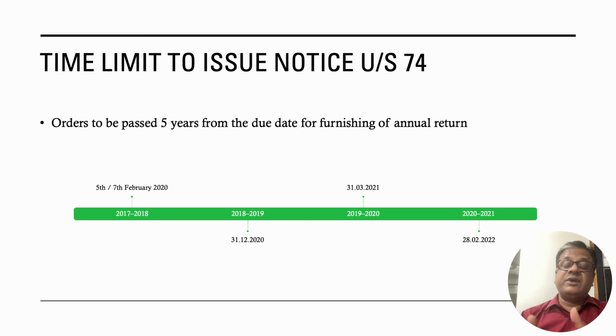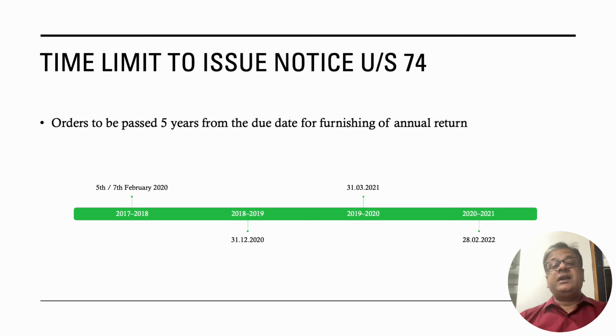As per section 74, notice has to be issued 6 months before the due date of passing the order. So for 17-18, February 2025 is the date of passing the order, and 6 months prior to February, you should be receiving the notice. Anything after the 6 months, the notice is not valid.